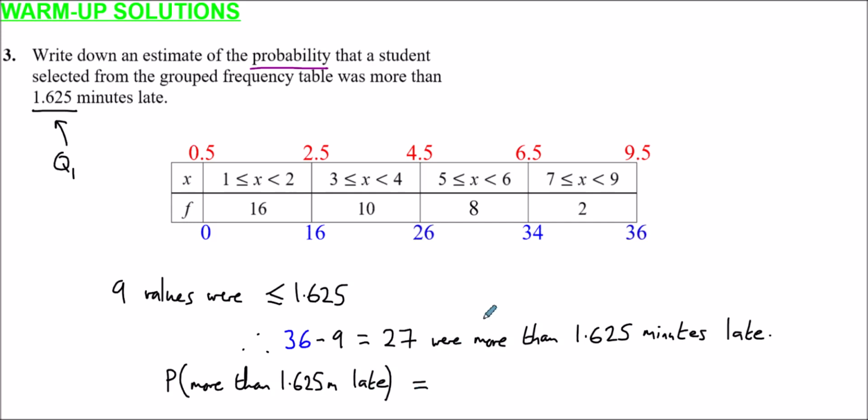It's the number of students that were more than 1.625 minutes late, which is 27, out of the total number of students, which is 36. Because it's a probability, we can leave it like this. We can leave it unsimplified, and that's fine. If you want to, you can simplify it down and say it's 3/4. So this is absolutely fine, or if you want to simplify, that's fine too.